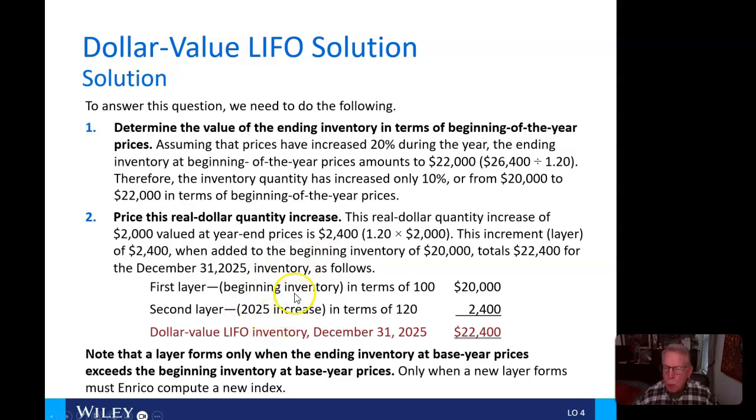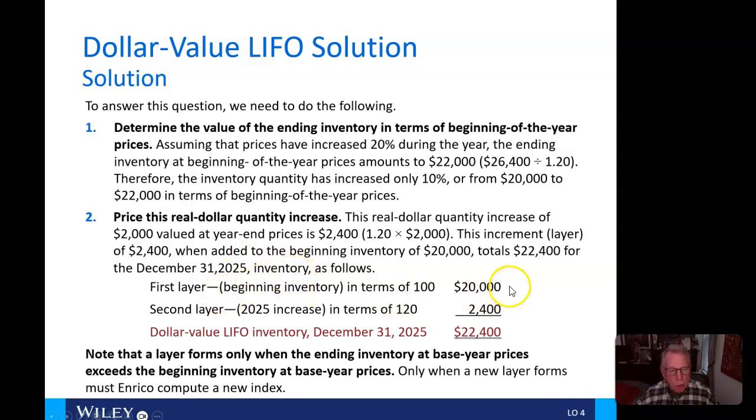The price of this real dollar quantity increase of 2,000, valued at year-end prices, is 2,400. That's 20% times 2,000, the same 20% from up here. This increment or layer of 2,400 was added to the beginning inventory of 20,000, and it totals 22,400 for December 31st, 2025.